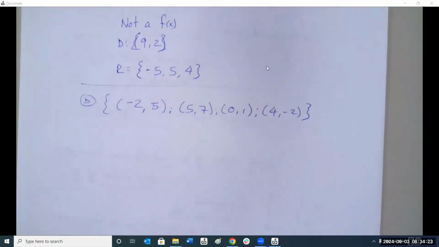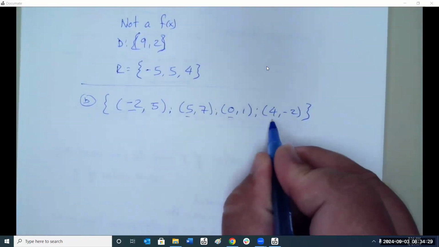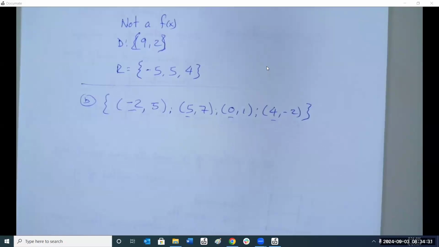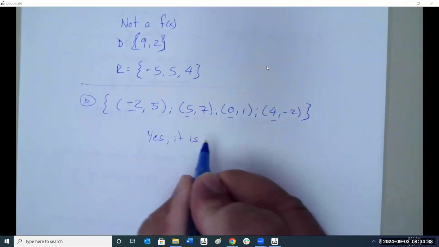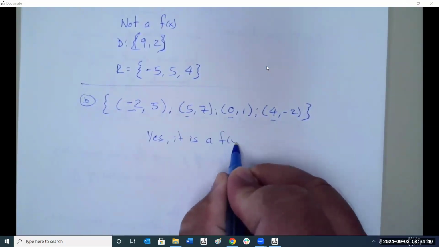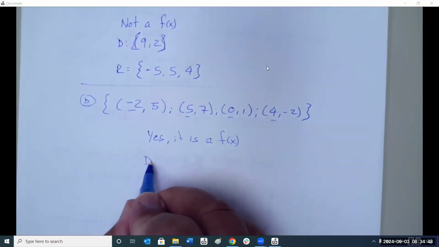Is this a function? Yes, because if each of the x values are different, it's automatically a function. Because if each of the x values are different, then there's no way they can have the same x value. What's the domain?